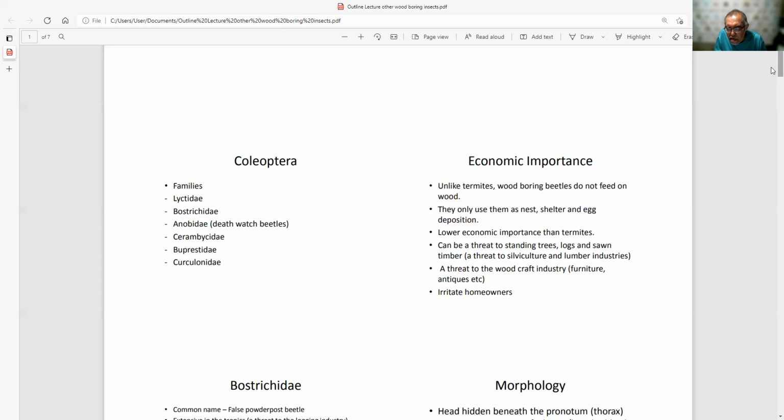Silviculture-nya adalah ladang hutan. So salah satu cara untuk meningkatkan hasil kayu keras ialah dengan membuka ladang-ladang hutan. It is called silviculture.